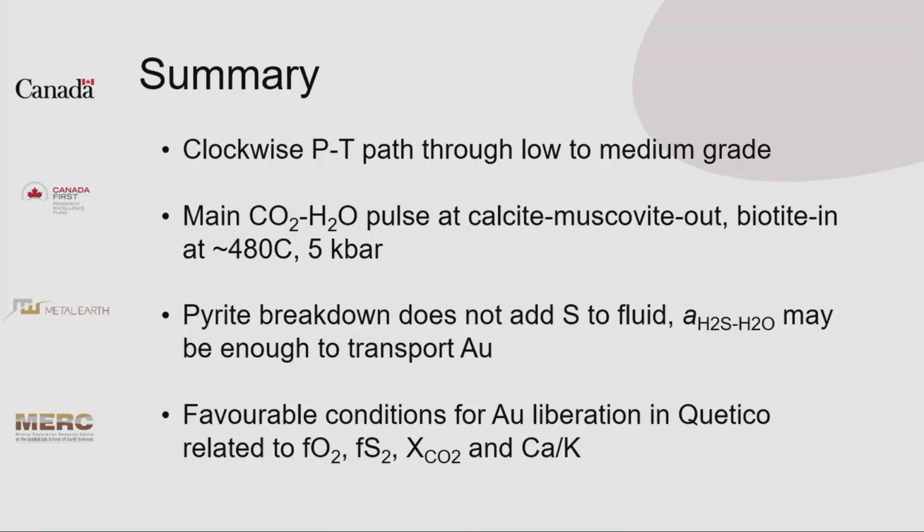The most favorable conditions might be more related to the bulk composition of the rock: the oxygen, the sulfur, the CO2. All these things have to be within the right window in order to get the rock to release gold at the fluid, the big fluid pulse.